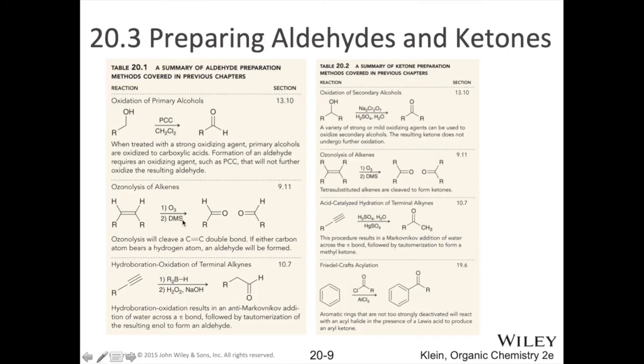We've also seen that certain ozonolysis reactions will help us out. In the case of an alkene, if we cleave that with ozone and DMS, we will get the corresponding carbonyl. You have to use an alkene for these. If you use an alkyne, remember you'll get the carboxylic acid, not the ketone or aldehyde.